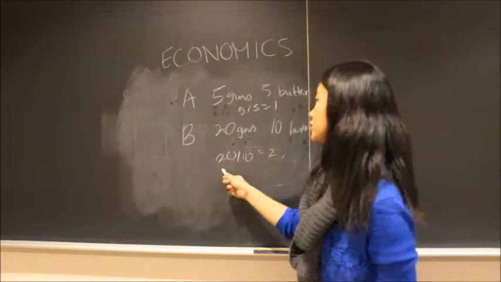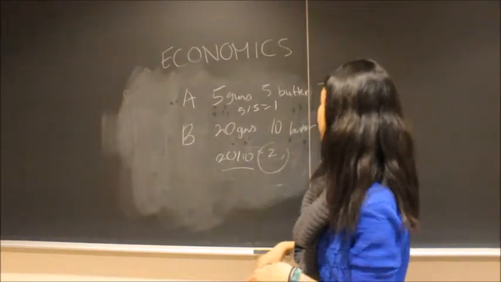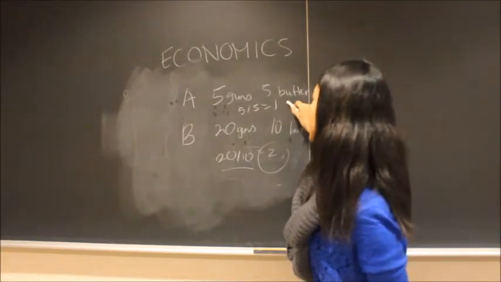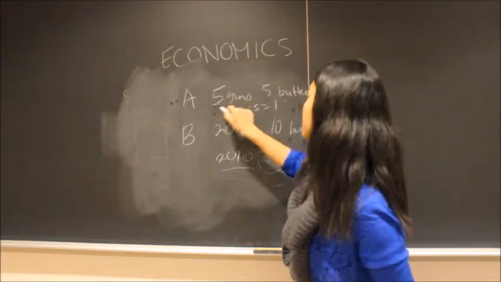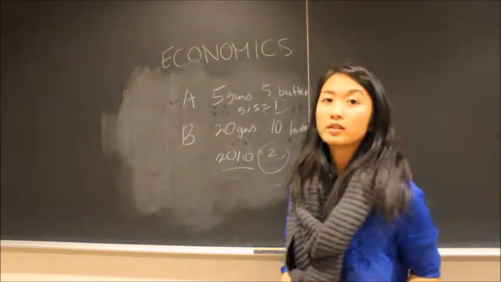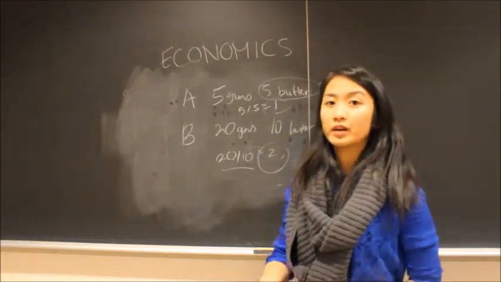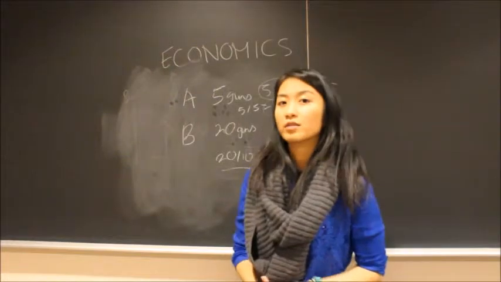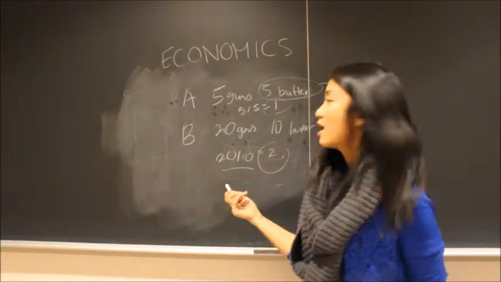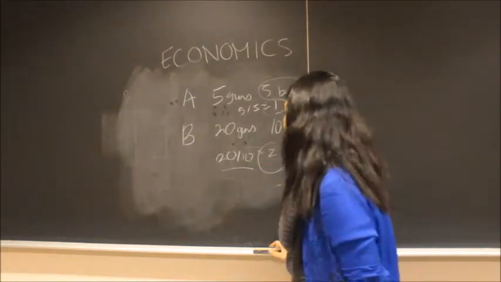So this would be the opportunity cost for one stick of butter, and that would be 2. And in this case, 1 stick of butter is 1. So person A has the lower opportunity cost, therefore they have the comparative advantage in producing butter. It's a more efficient allocation of their time versus person B, although person B still produces more butter. So you have to watch out for opportunity costs.